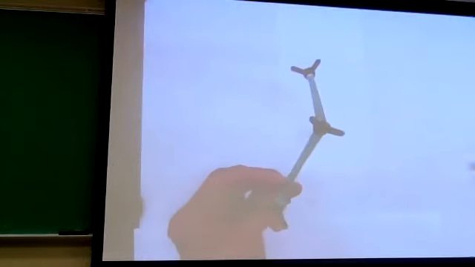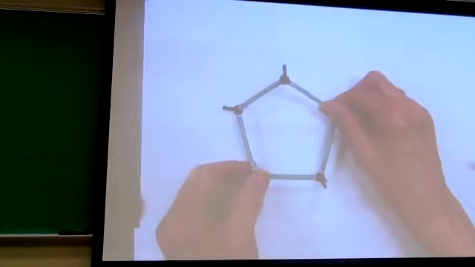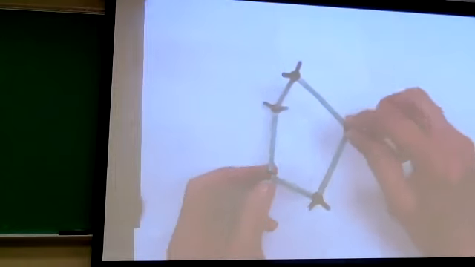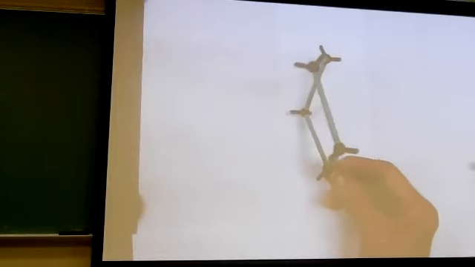And so this conformer with the puckering is called the envelope conformer. If you look at it, you'll see it looks sort of like an envelope. This would be the flap of the envelope, and this would be the envelope itself. And it sort of resembles what an envelope might look like if you just simply threw an unsealed envelope out on the table.